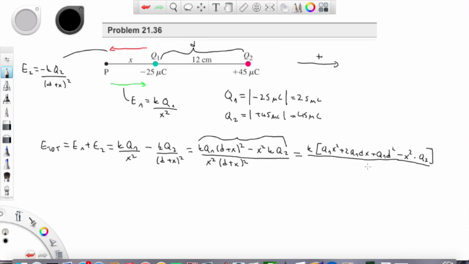We don't care what's below because the denominator can't bring this expression to zero. So when is this zero? Let's take this expression and continue from here.